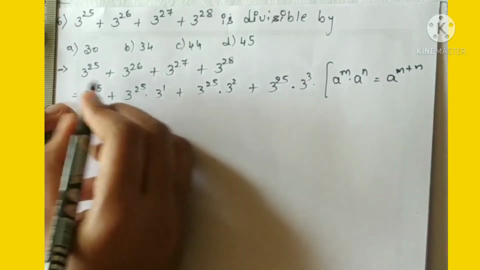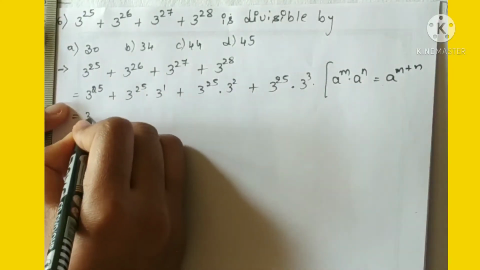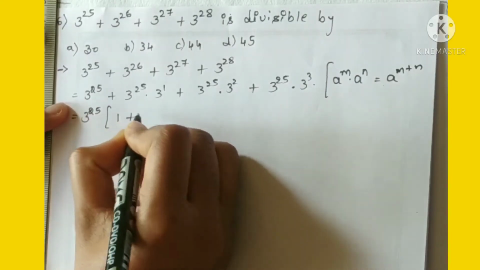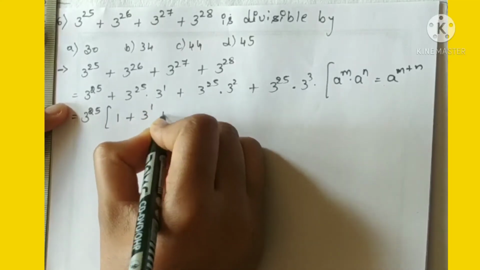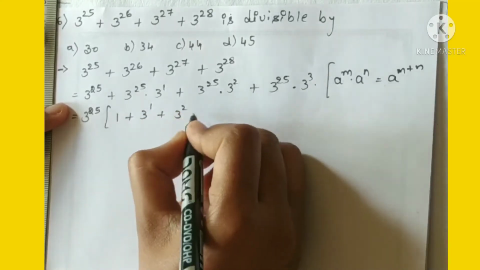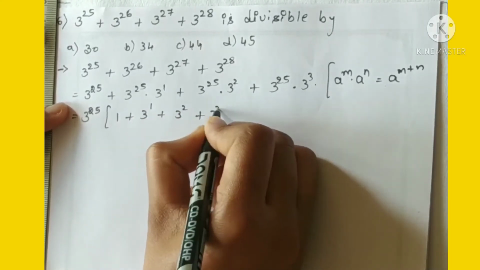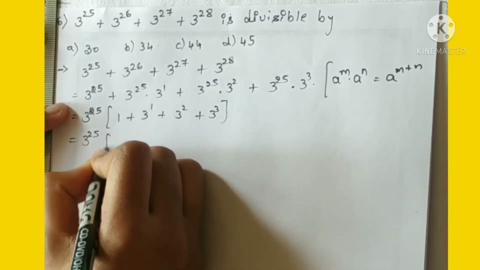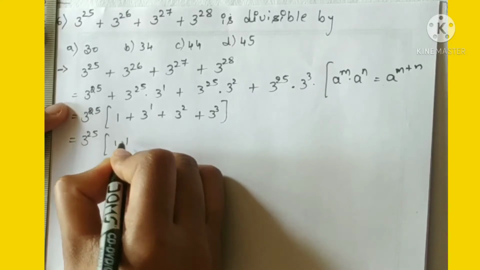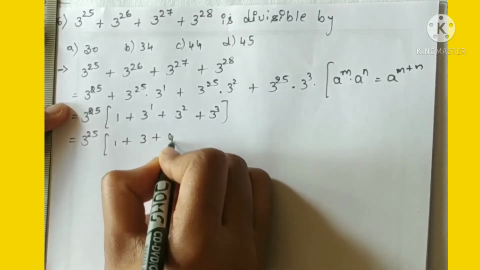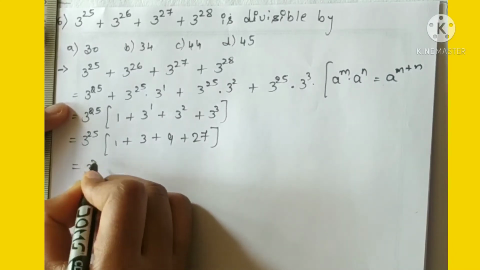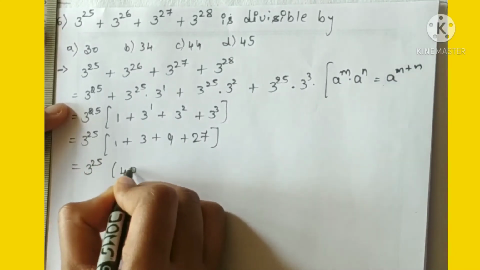Now when I take the common factor 3 to the power of 25 outside, the remaining is 1 plus 3 to the power of 1 plus 3 to the power of 2 plus 3 to the power of 3. That is 3 to the power of 25 into 1 plus 3 plus 9 plus 27. When I simplify it, 40.